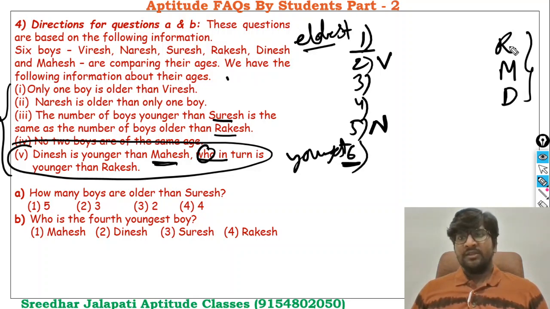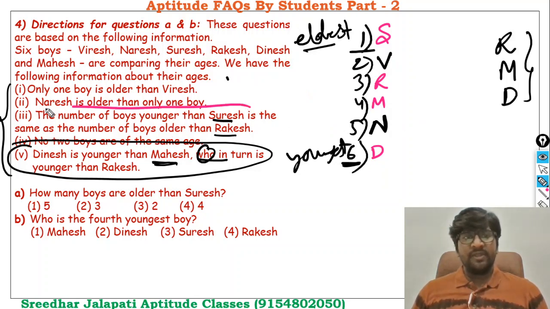Here, Rakesh should be above Mahesh and Dinesh, or Dinesh should be below Rakesh and Mahesh. So out of the 4 places, if I select any 3 randomly for these, let's say I'm taking Rakesh here, Mahesh here, Dinesh here. Let us assume. Then the only boy left out is Suresh, so his position is here. Now if I consider this option, this arrangement is not satisfying the second condition.